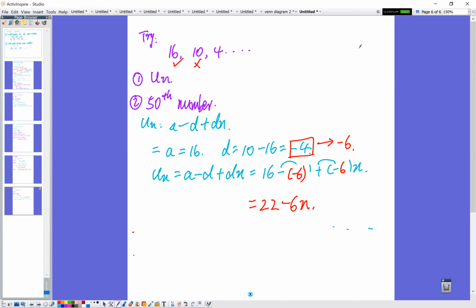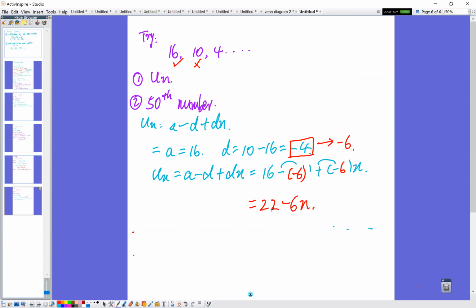So now we can verify again. If n equals 1, it becomes 16. n equals 2, 22 take away 6 times 2 is exactly equal to 10. So we tried two numbers, they match up. So this answer is correct.